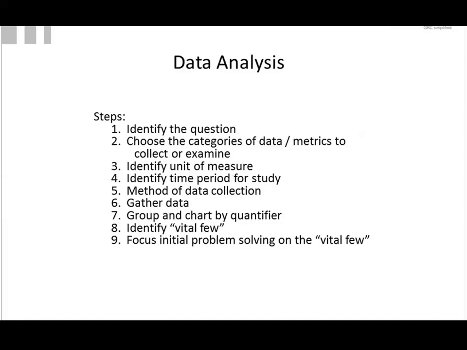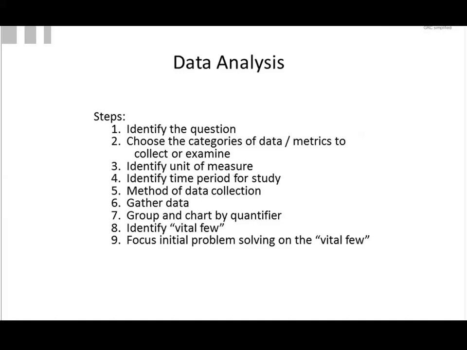Again, if this is a temporary thing, it might be gathered in a lab book, or it might be printed out on a chart that you collect into your failure investigation report, if you will. And then you group it in accordance to what type of input you're evaluating. Then you try to narrow it down to the vital few as opposed to the general noise, if you will.